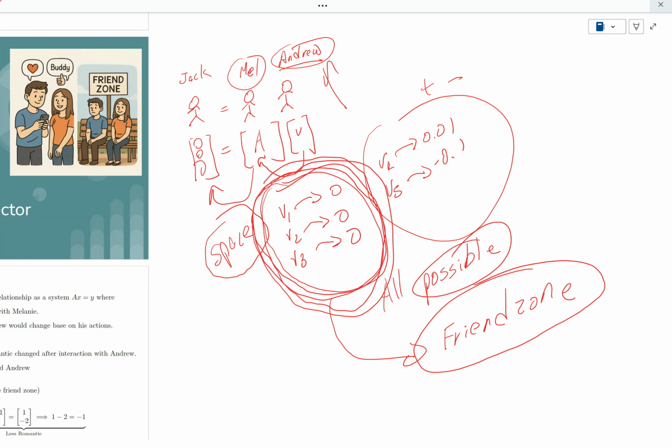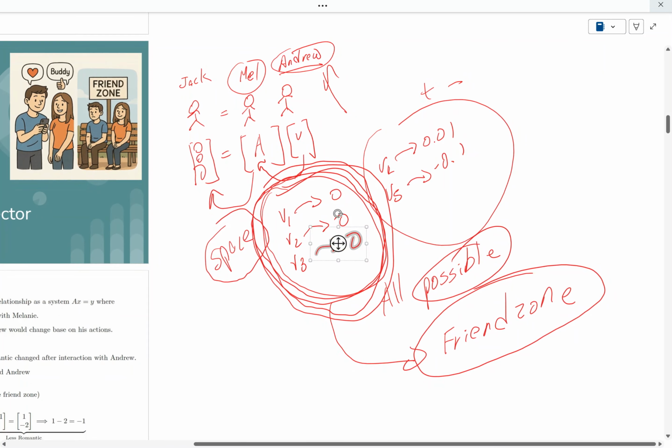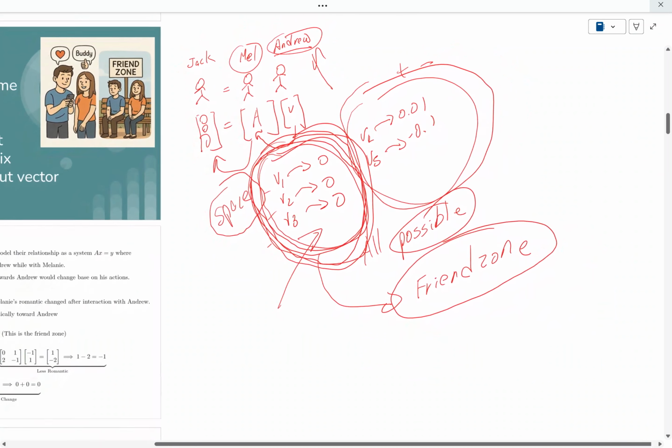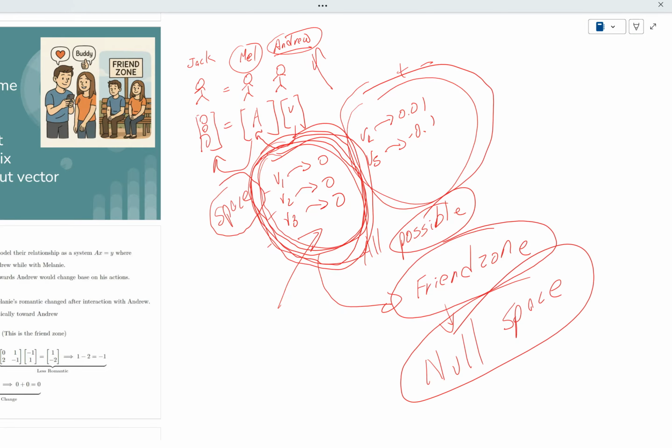So in the game, essentially, Andrew will do a bunch of things: V1, V2, V3, and then we'll separate them into categories. So this category is, of course, what we call the friend zone. And the friend zone, in the mathematical sense, we call the null space. So the idea is really simple.